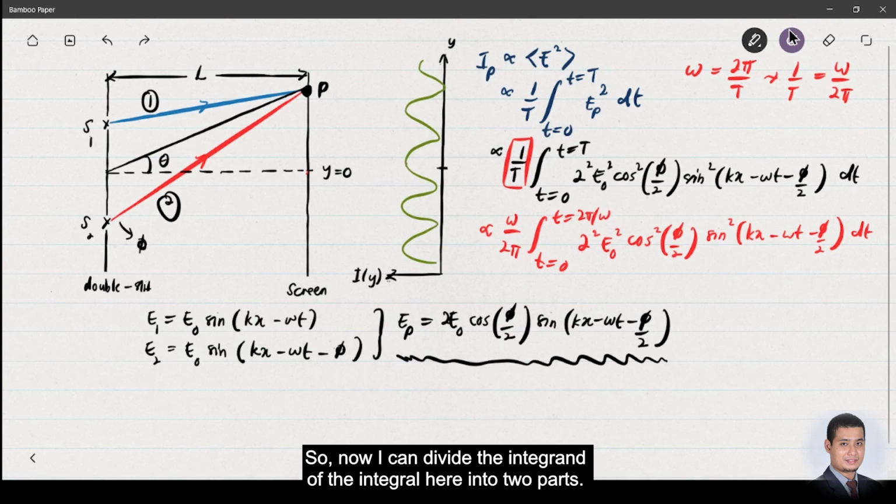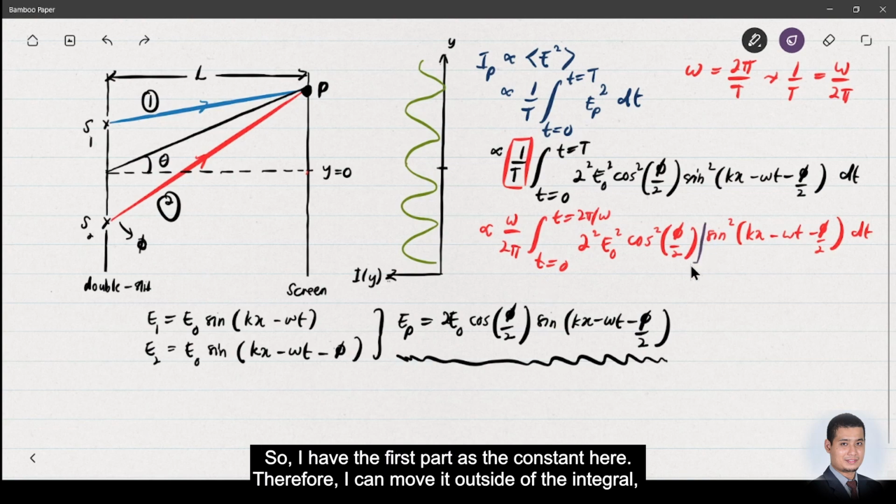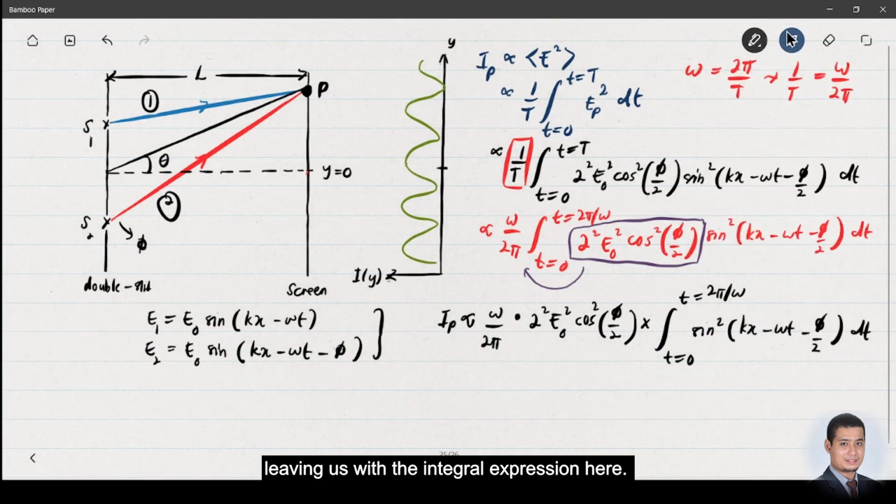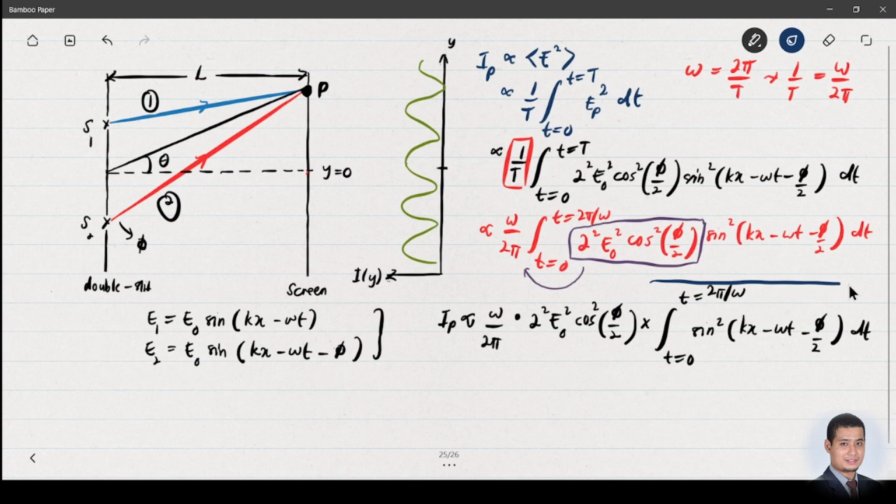Now I can divide the integrand of the integral here into two parts. I have the first part as the constant here. Therefore, I can move it outside of the integral, leaving us with the integral expression here.